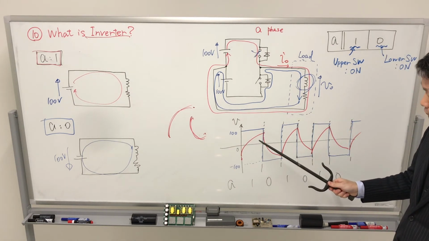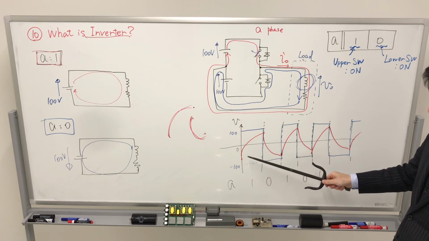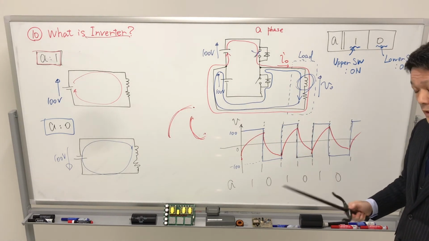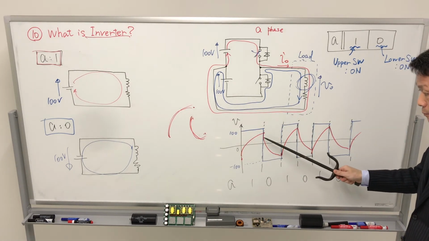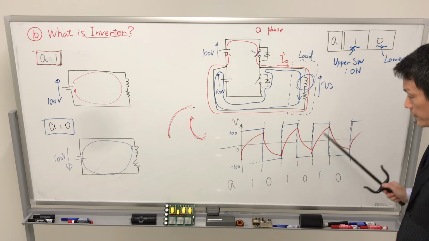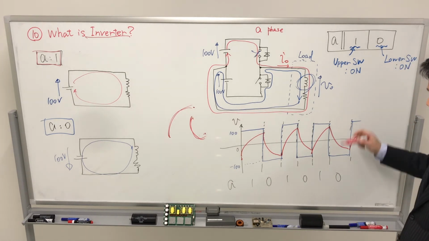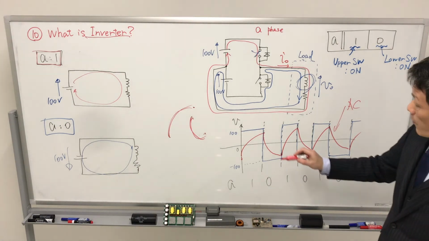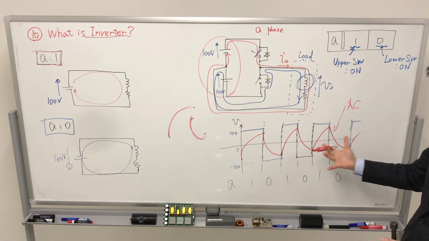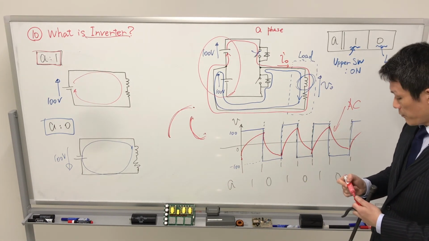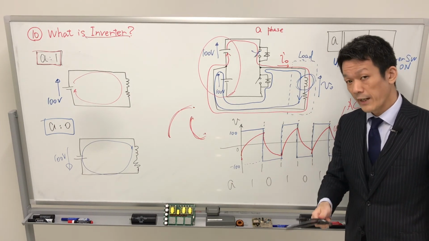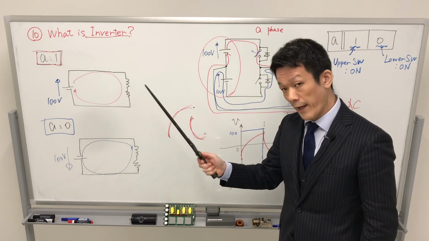On the output side, using the DC battery, we can obtain alternating current, plus side, minus side, plus side, minus side. This current means AC. We can obtain AC current from the DC battery. We call this system the inverter. That is the essence of the inverter, okay?